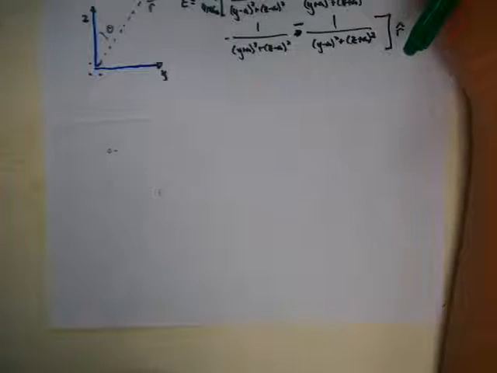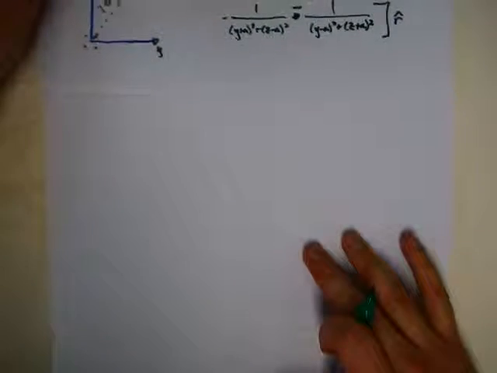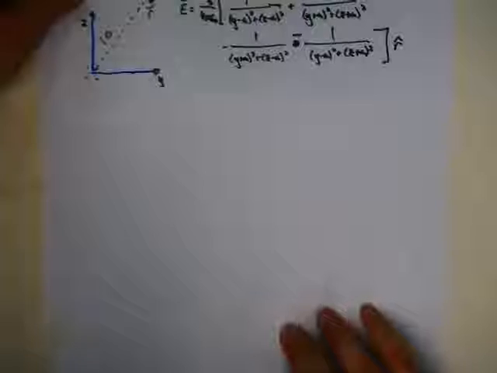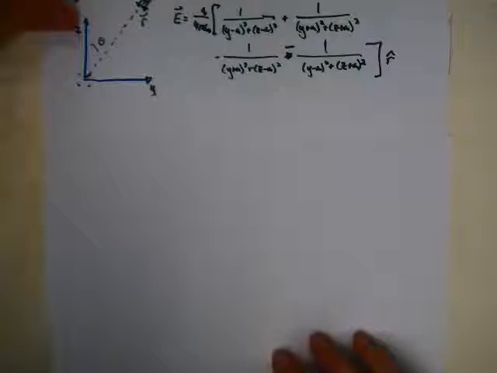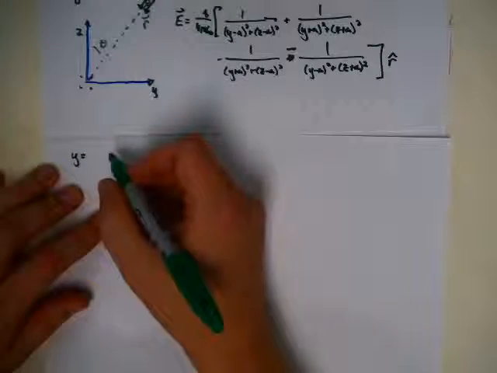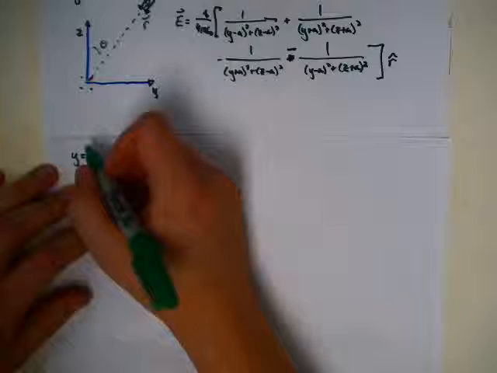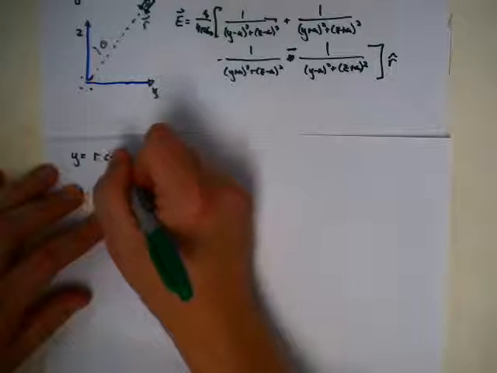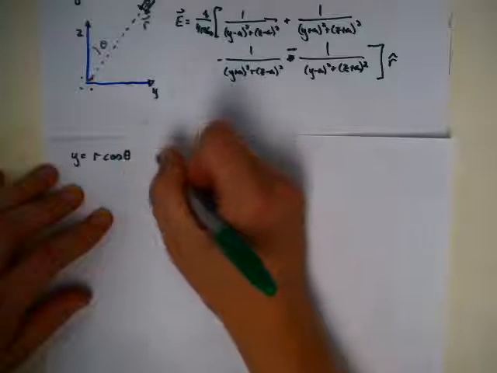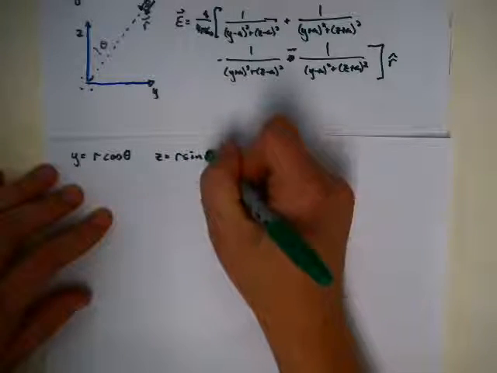In order to examine how the electric field is going to fall off, I have to replace my y and my z with r, right? Looking at my diagram, y is the cosine part, so this is r cosine phi, and my z is equal to r sine phi.